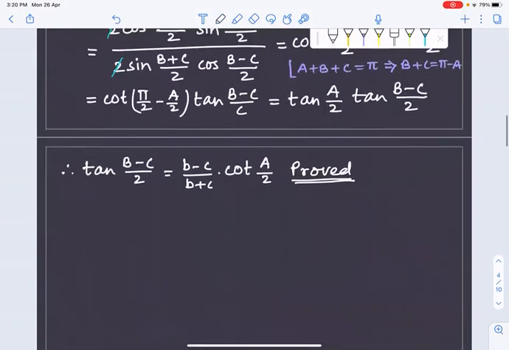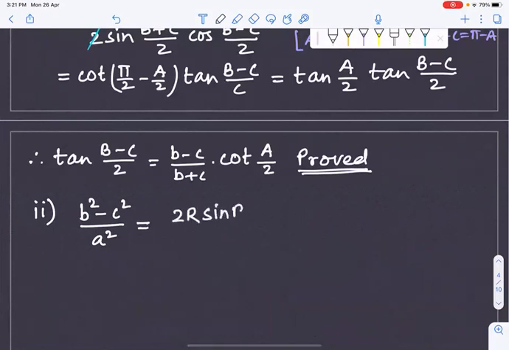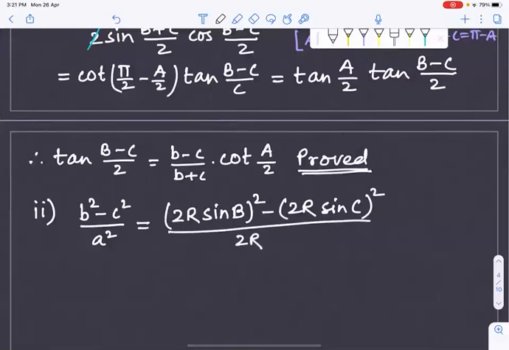So question number 2. Question number 2 is like this. We start with b square minus c square by a square. That's my right hand side, in fact. That will be equal to b square is 2r sine b, that's for b, whole square, minus 2r sine c, that's for small c, whole square, divided by 2r sine a whole square.